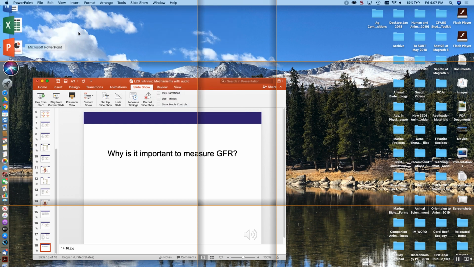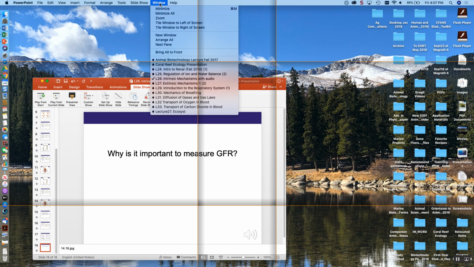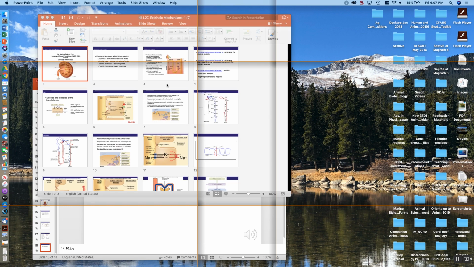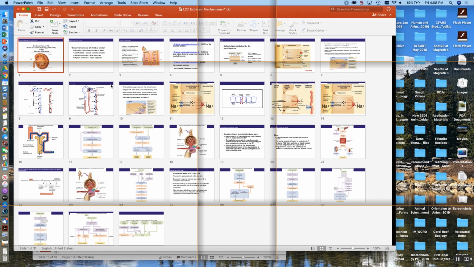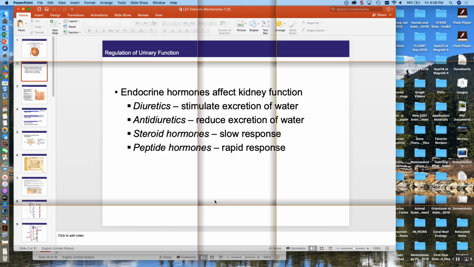Okay, what are the vasopressin, aldosterone, renin, angiotensin, aldosterone, and then atrial natriuretic peptide? The Sesame Street rhyme, right? One of these things is not like the other. Atrial natriuretic peptide is the only diuretic.